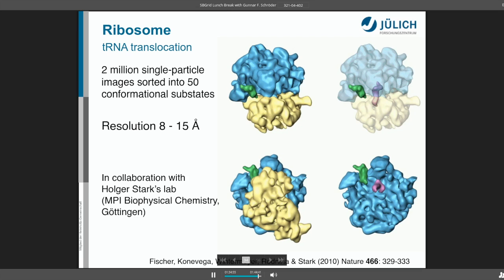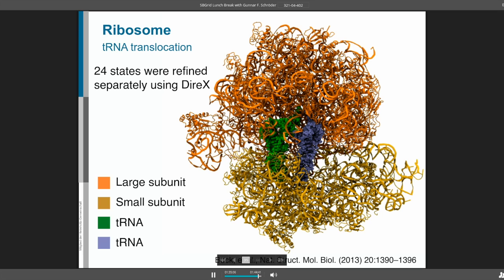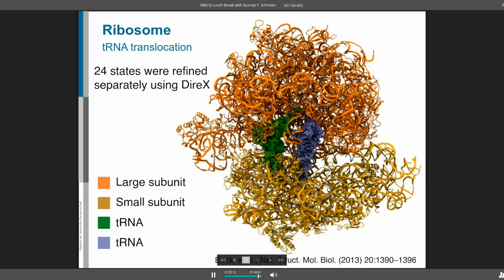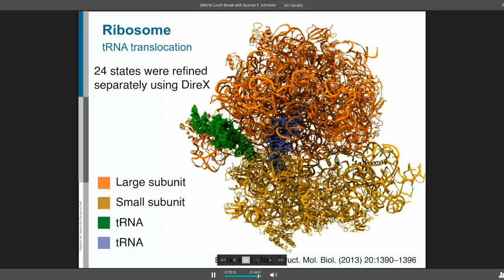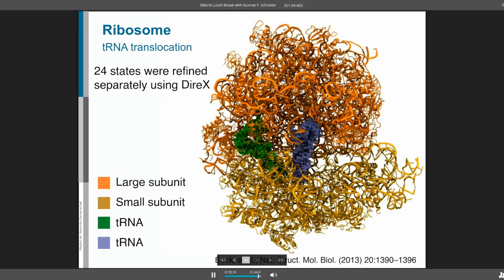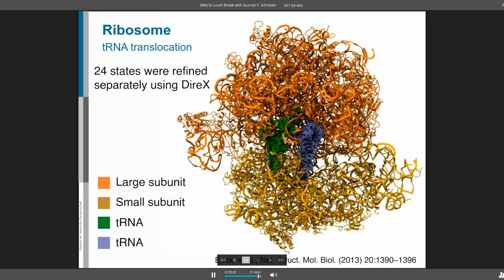So we have many of these states, and then we fitted a structure of the ribosome with the tRNAs in DireX. What we obtain from these lower resolution density maps are a series of atomic models where you see how the tRNAs are basically moving through the ribosome. I just show a few of these structures. We refined 24 of those in total.